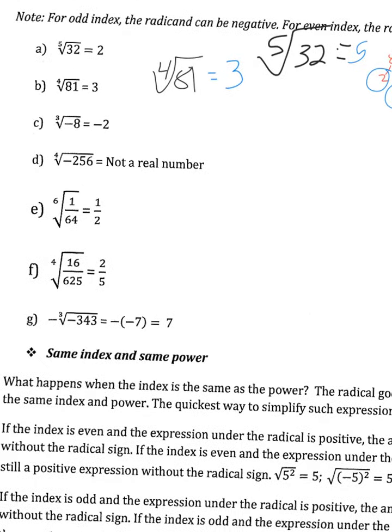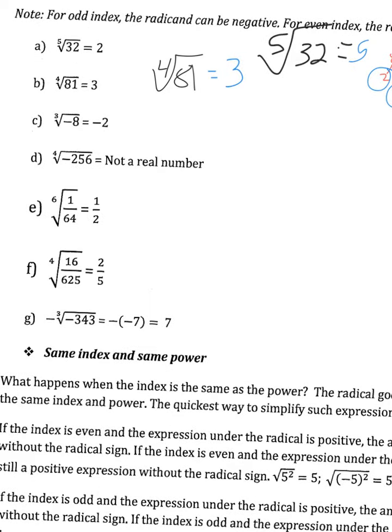The next example says the cubed root of negative 8. Now we talked about the square root of a negative number is not a real number, because there are no 2 identical numbers that will multiply to make a negative. But this is a cubed root, which means we need 3 numbers multiplied together to make negative 8, and that would be perfectly fine, because if you have 3 negatives multiplied together, it does give you a negative.